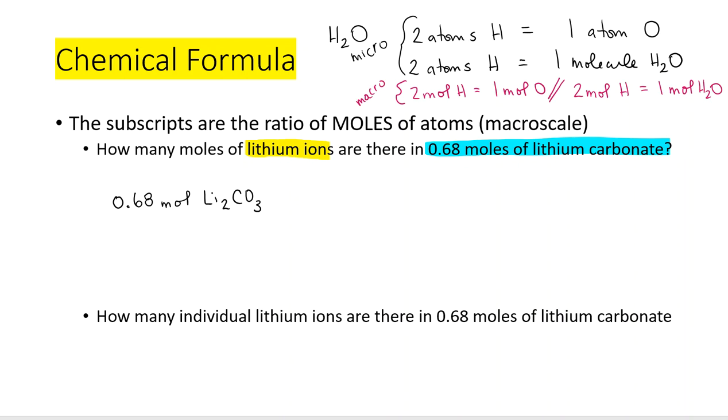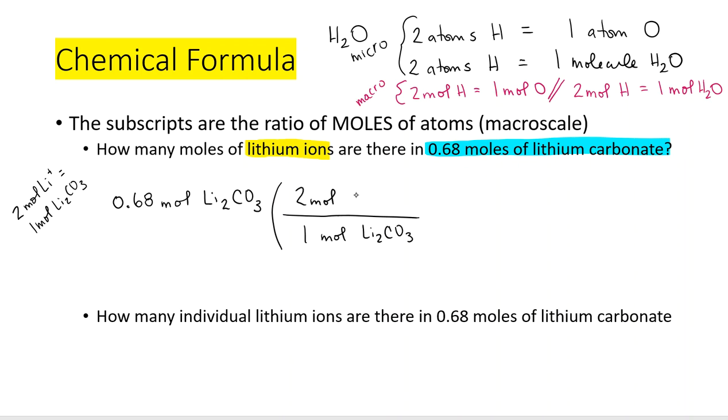So Li2CO3. And if we look at that chemical formula, what that means is that there are 2 moles of lithium ions for every 1 mole of lithium carbonate. That subscript of 2 tells you how many there are in one of the whole. So 1 mole of lithium carbonate contains 2 moles of lithium ions.